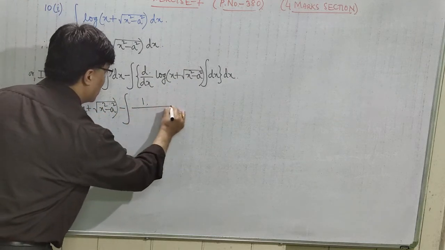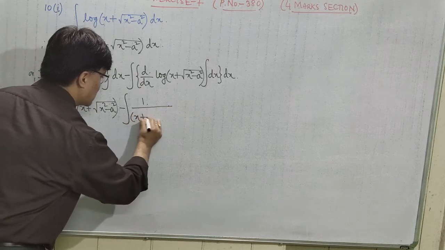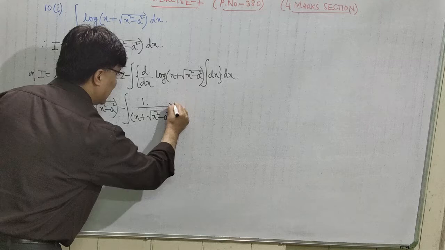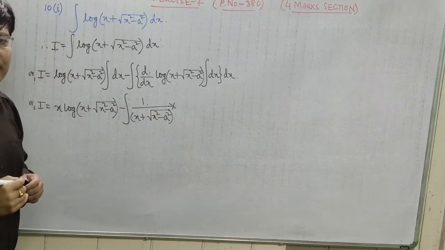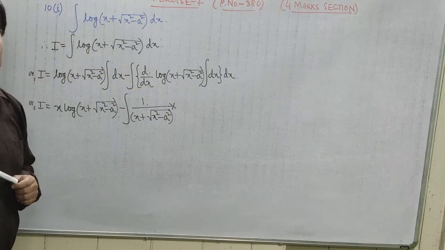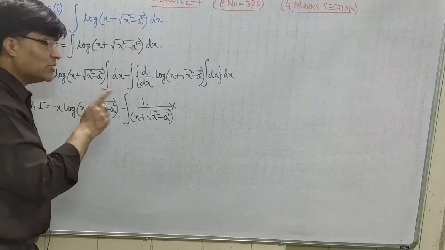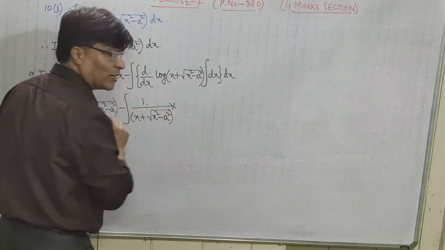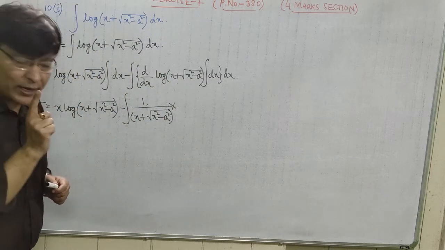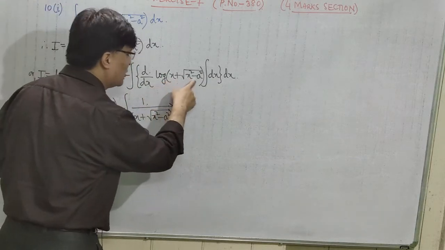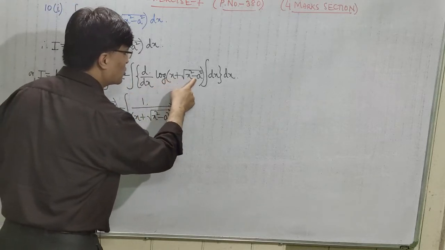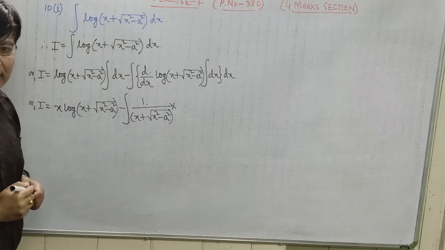So it is 1 upon, what is x here? X plus root over x square minus a square into, again you have to differentiate the term which is assumed as x. Which function is taken as x here? It is x plus root over x square minus a square. Again you have to differentiate this term which is assumed as x. That is, you have to differentiate x plus root over x square minus a square.